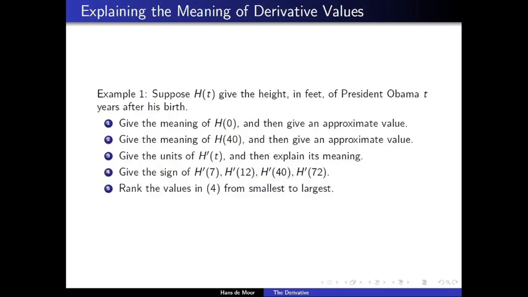All right, so we went through this exercise of saying what's the height of President Obama, what does h prime mean? H at 0 is the height of him at birth. H at 40 is his height at 40. H prime at t is how fast is he growing.